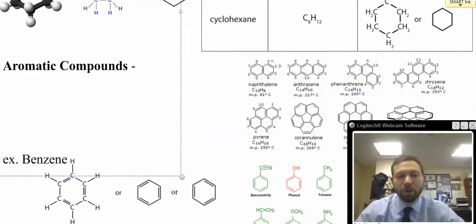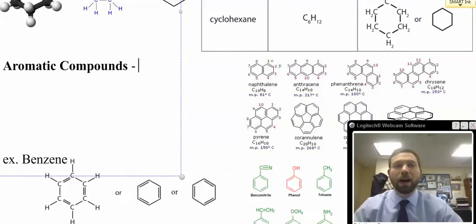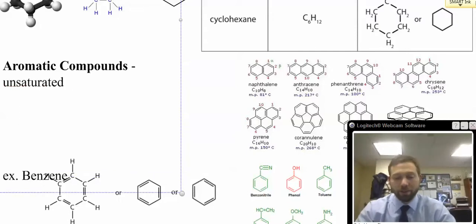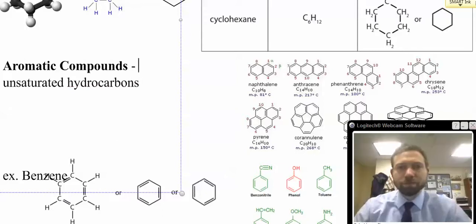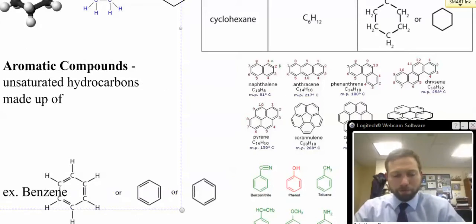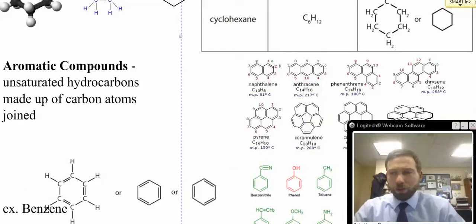Aromatics are similar to cycloalkanes, except for one important difference. Aromatics are unsaturated hydrocarbons, and they are made up of carbon atoms joined in rings, just like the cyclohexanes and the cycloalkanes.